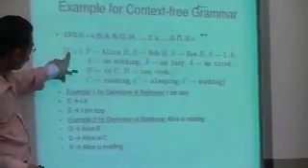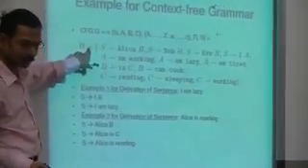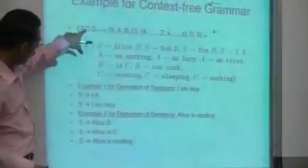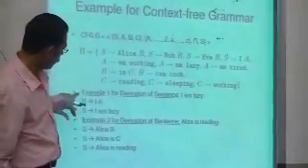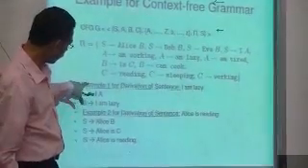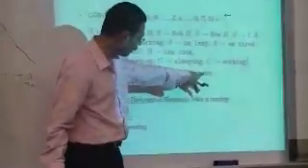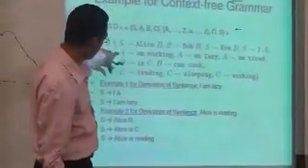So I'll give you the production rules for the context-free grammar. This is just for practice if you are not yet familiar with context-free grammars. For example, if I want to derive the sentence "I am lazy," you start from where?